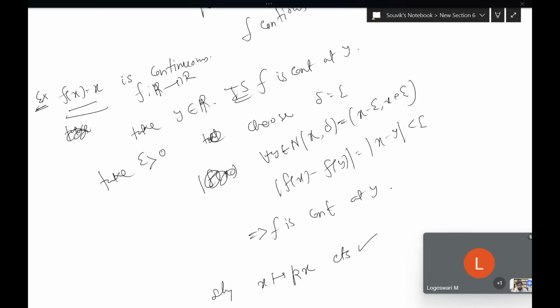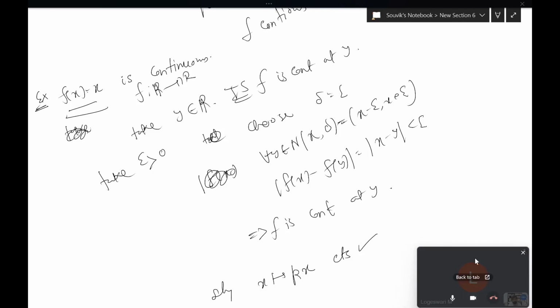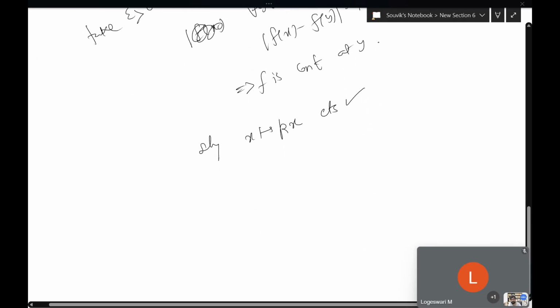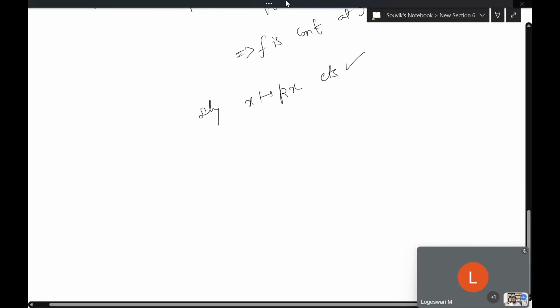So do you have any confusion, Logeshwari? Okay. If you have confusion at any moment, please let me know.